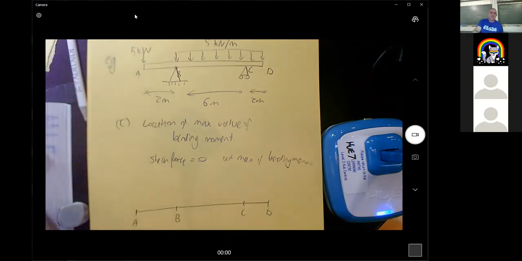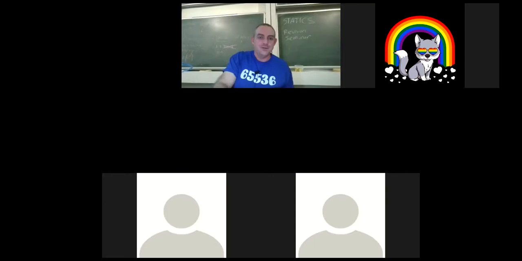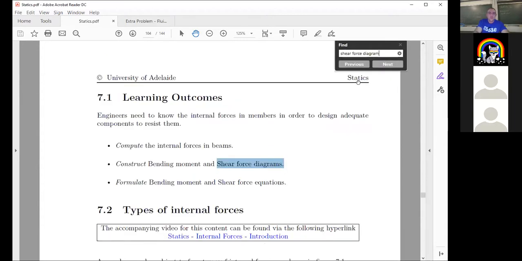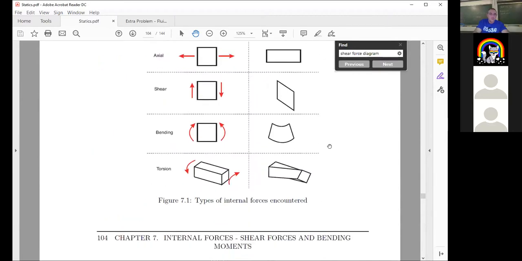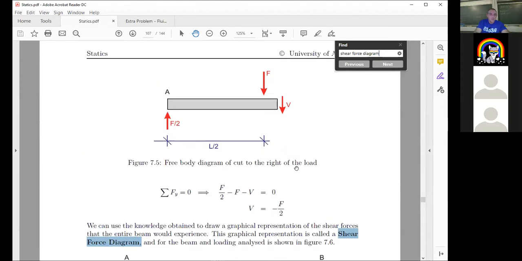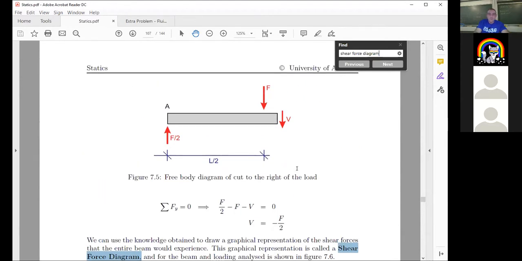Just a second. Oh, I'd have to figure out the reaction forces to do that first, wouldn't I? Sweet, okay. I'll come back to that.